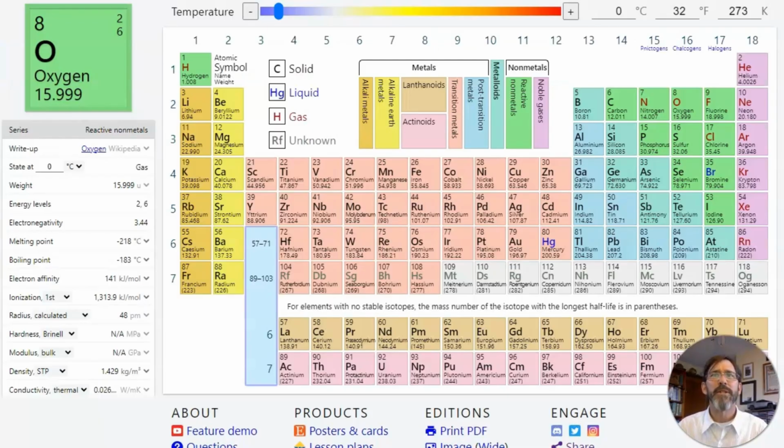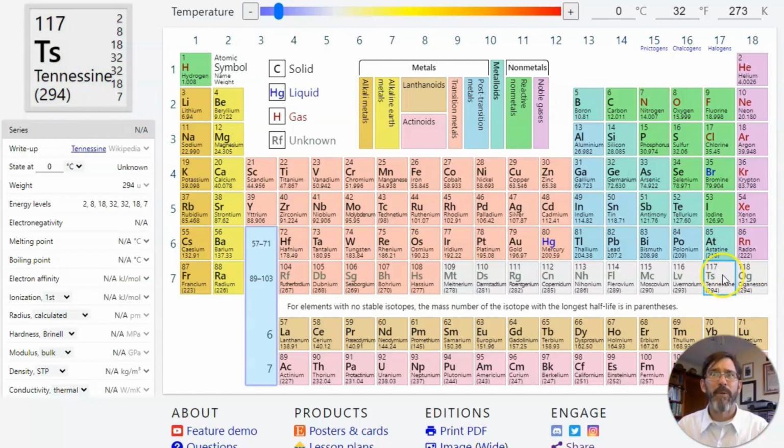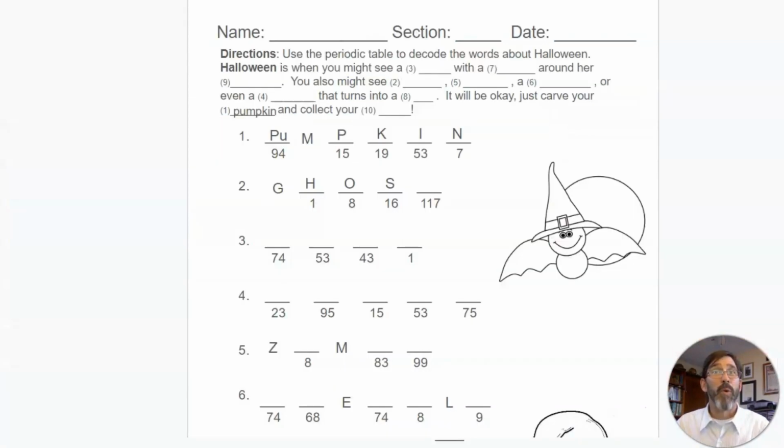Number 117 is one of our more recent elements that we have discovered. That would be tennessine. Letters capital T, lowercase s. Above number 117, go ahead and enter capital T, then lowercase s.